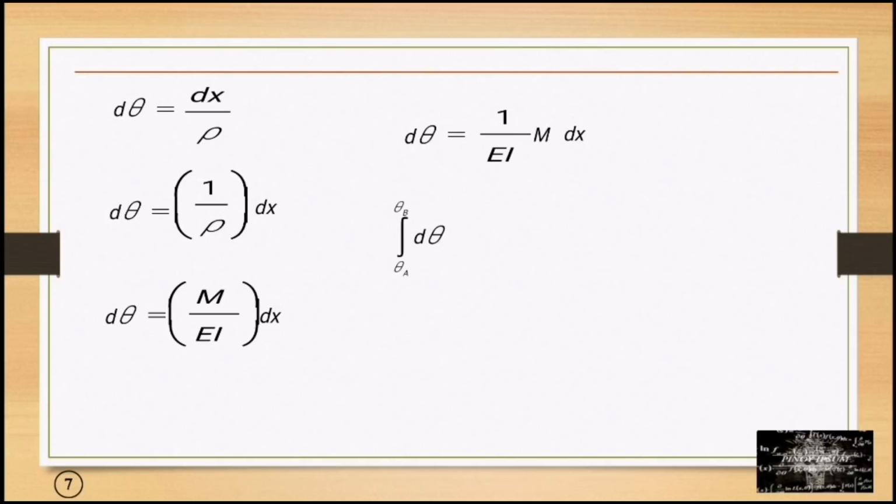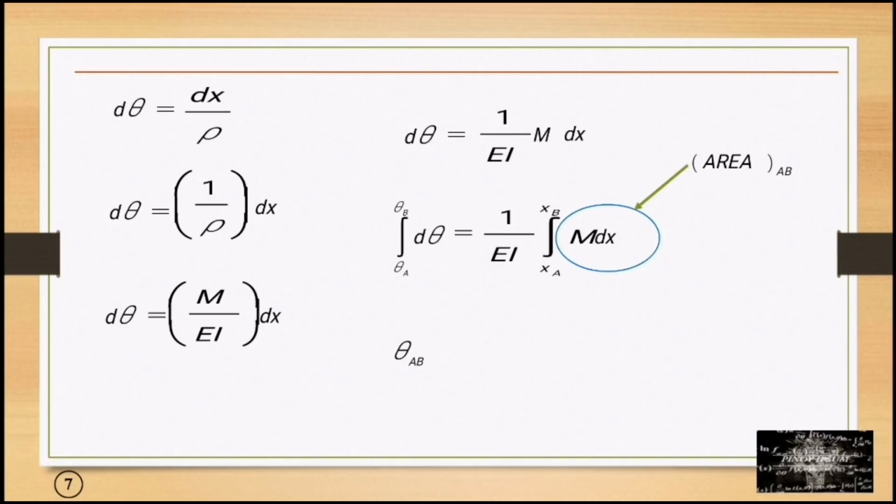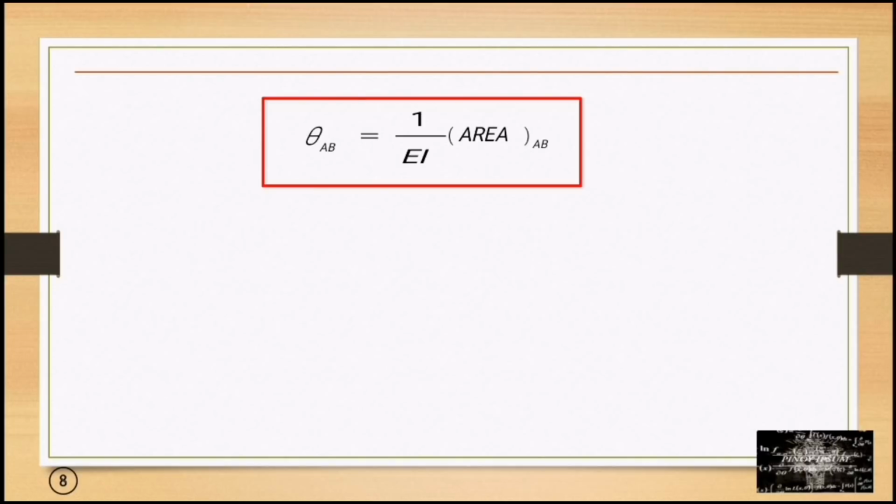So we have to integrate: 1 over EI times the integral of M times dx, with limits from A to B. M times dx represents the area of the moment diagram between A and B. Or theta AB is equal to 1 over EI times the area of the moment diagram between A and B. This equation represents Theorem 1.